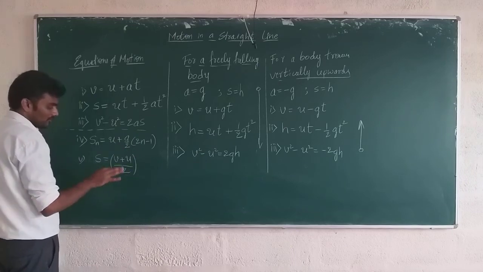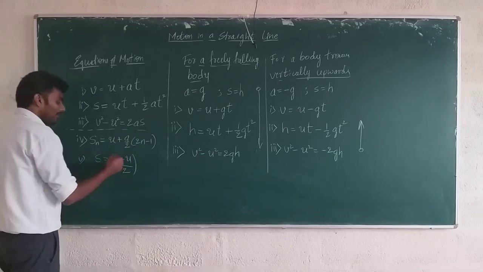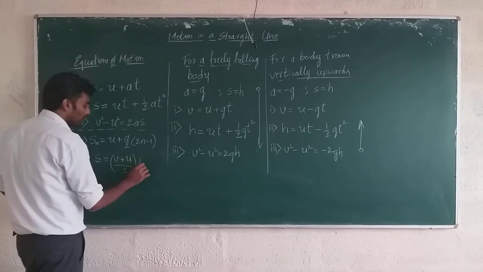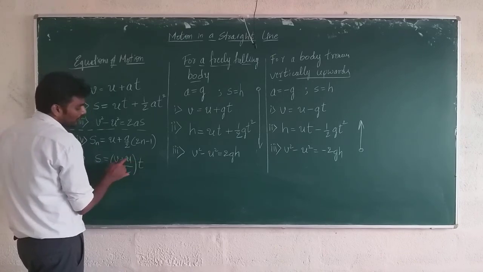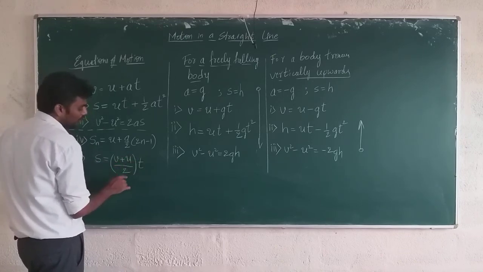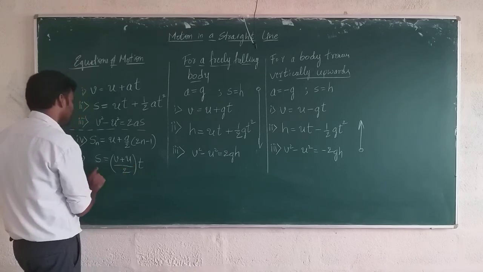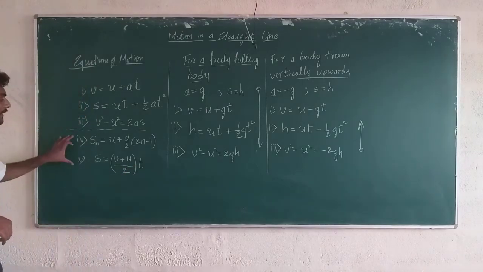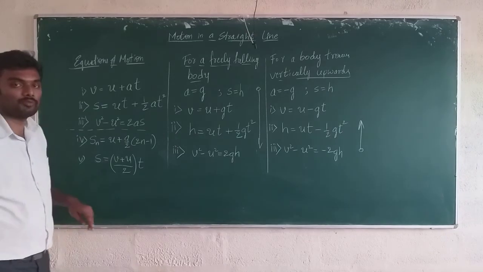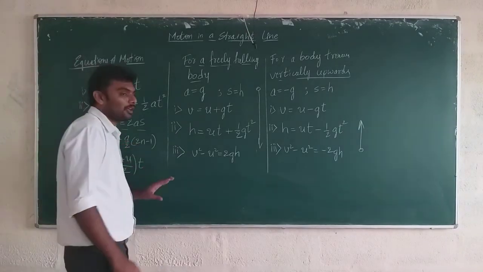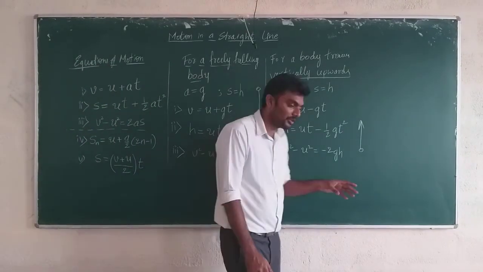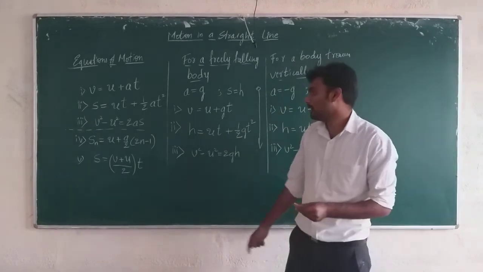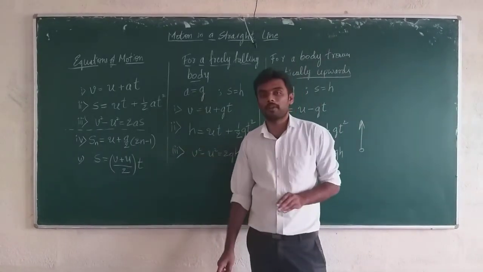Acceleration should not change. For such a situation, average velocity into time, so v plus u by 2 into t, will give me the displacement. These two are extra equations of motion which are not much important for board exam obviously, but for your competitive exams these two equations will be important.